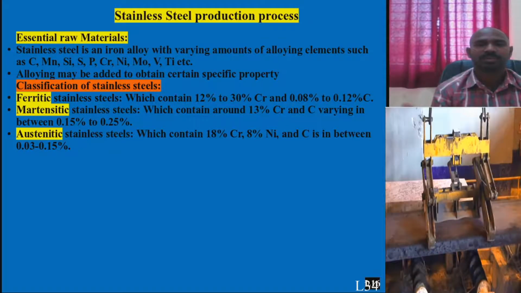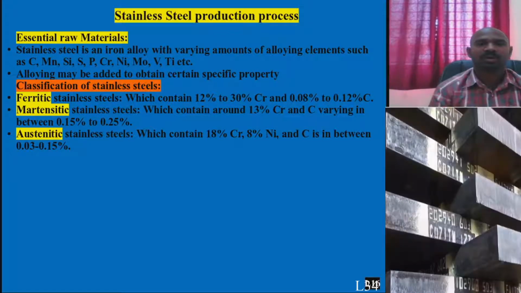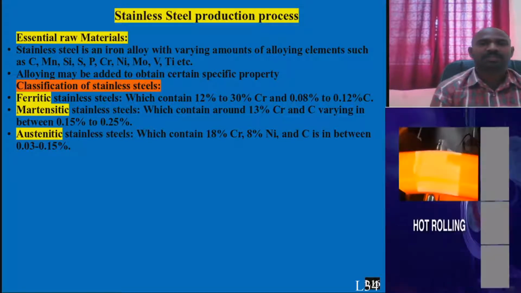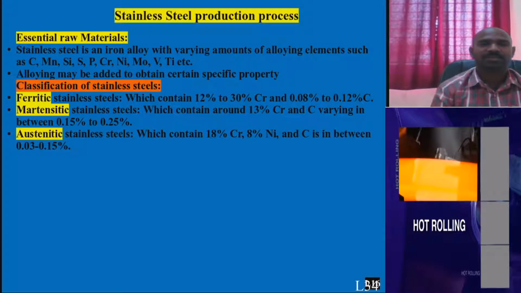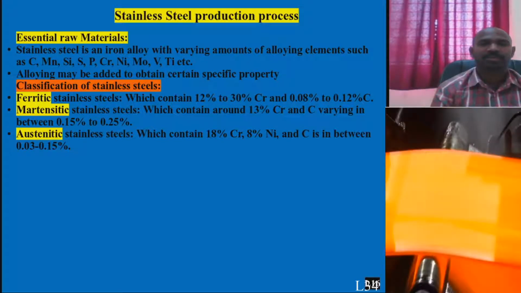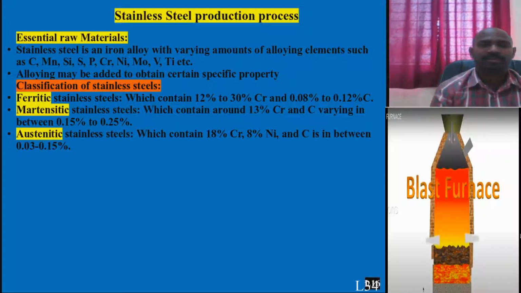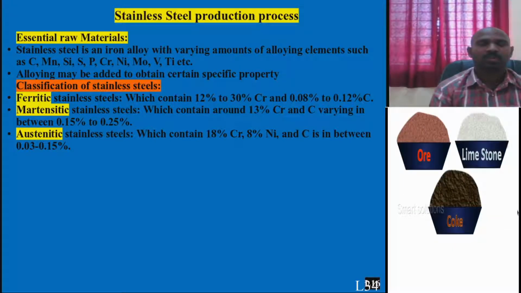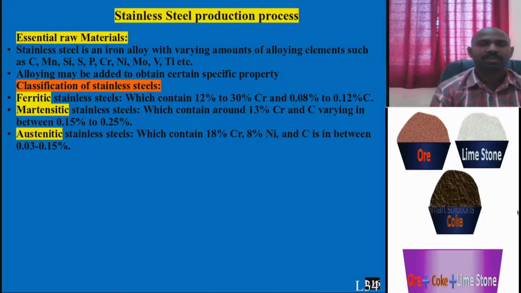There are many grades and names available for stainless steels, and 50% of the stainless steels produced in the world are austenitic stainless steel, and 50% of applications are with austenitic stainless steel, with varying carbon content.